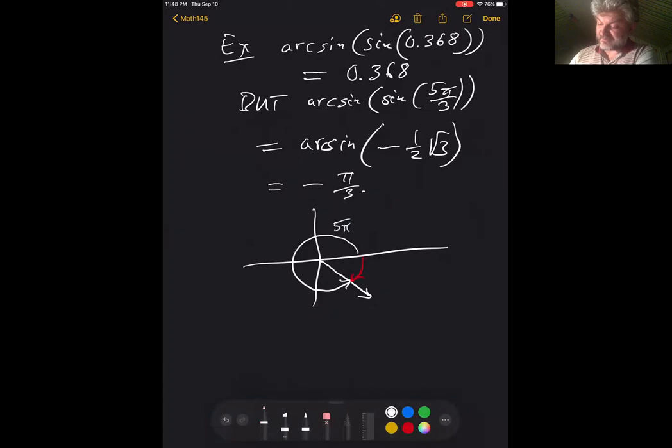Write that in. Negative pi over 3. So this is an angle in the interval we are looking at, which is between negative pi over 2 and positive pi over 2, that has the same sine value.